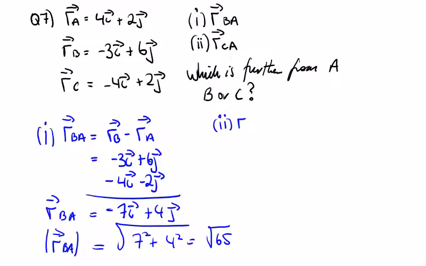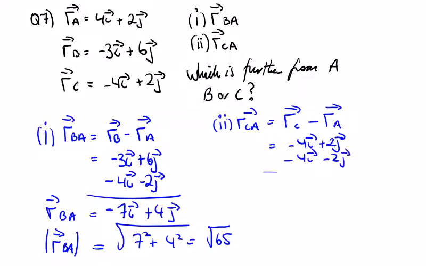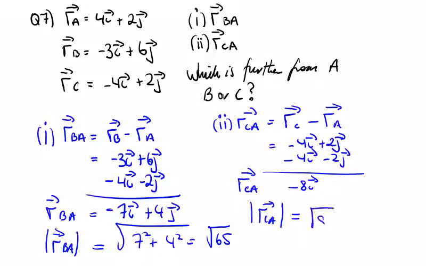Okay, part 2, the relative position of C with respect to A is equal to the position of C minus the position of A, which is going to be minus 4i plus 2j, and then minus 4i minus 2j, which is minus 8, and that's just going to give me minus 8i, for the relative position of C with respect to A. The magnitude of this, you can see, when we only have one component in the vector, it's the square root of 8 squared, if you want to write it like that, but we can just write 8.